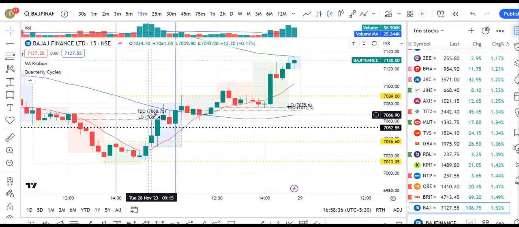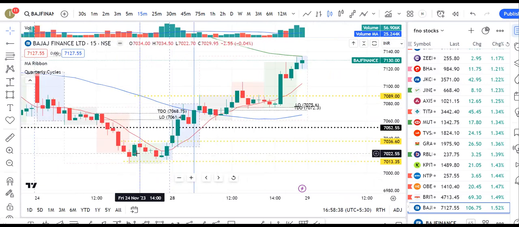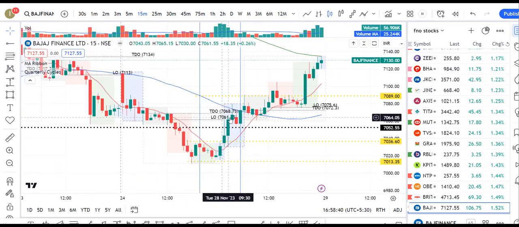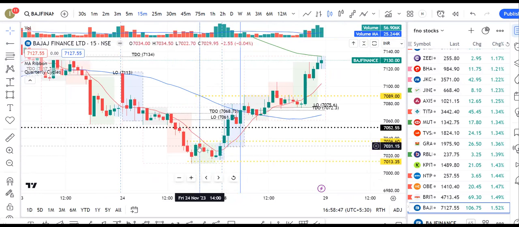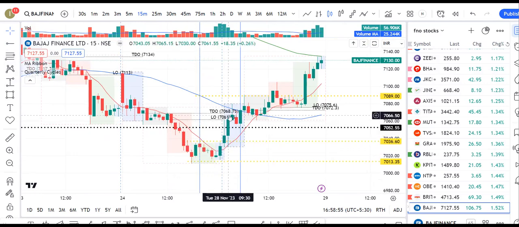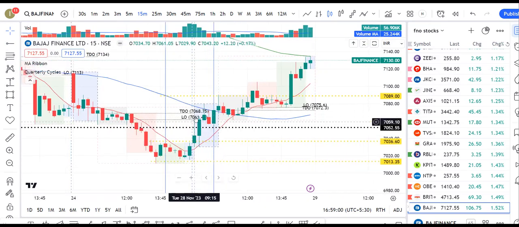But you know the structure. What is the structure? It is making a high. See, when you compare this, there is a market shift, right? The market was coming down and this was the low. This lower high was taken out by this high. So then there is a market shift.